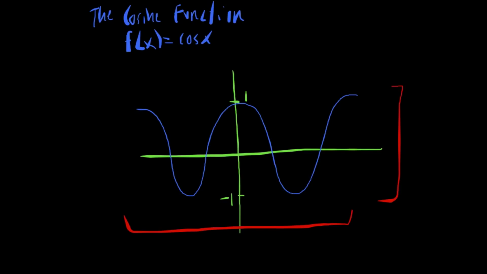There is a y-intercept at the point (0, 1), and it is increasing on the interval of pi plus 2 pi n, and also 2 pi plus 2 pi n.